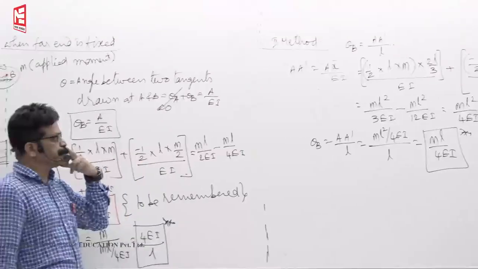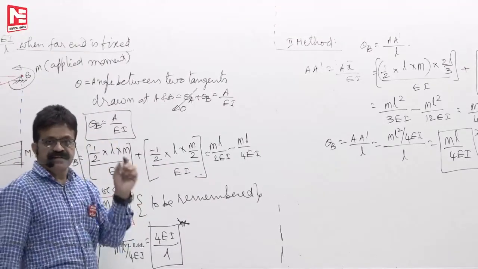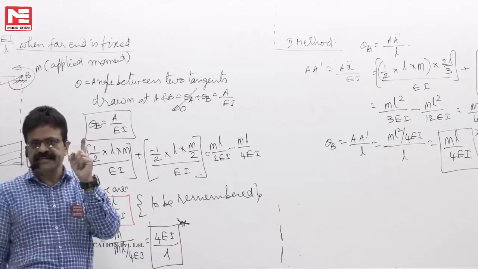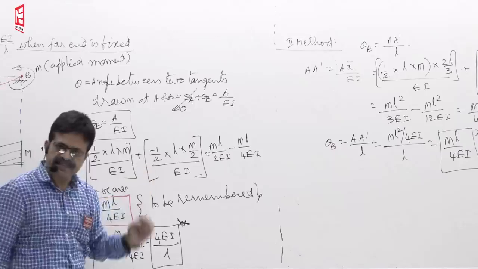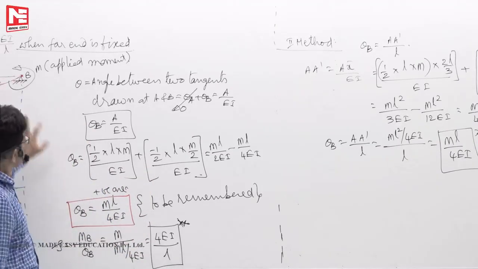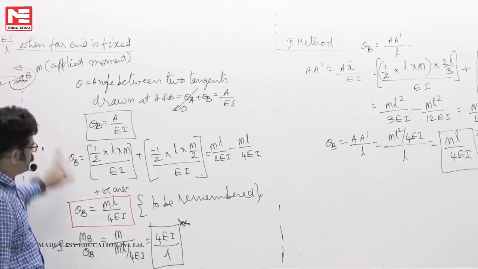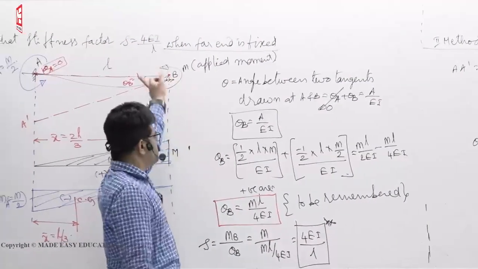So there is a choice of writing A dash by L. The deflection profile will tell us whether to use Mohr's theorem 1 or Mohr's theorem 2 to find the slope or deflection.